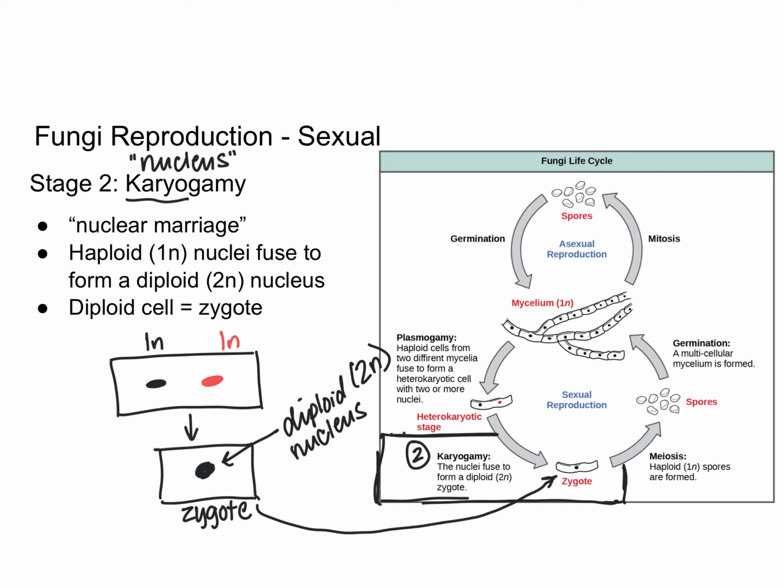And so we have now changed the genetics of the original cells. The original cells only had half of the number of chromosomes, they only had one set each. Now both of those sets have come together. So the zygote now has twice as many chromosomes, and we have essentially mixed and matched these different genetics from these two original cells that came together and then fused their nuclei together.